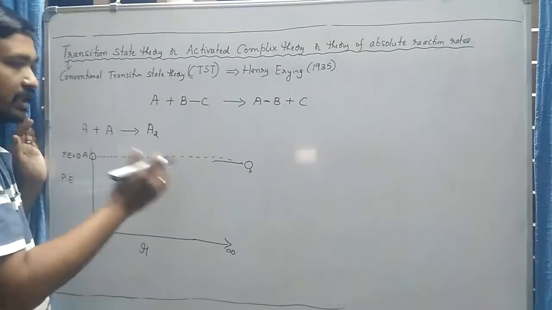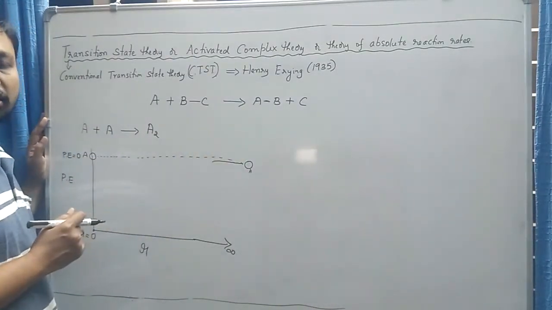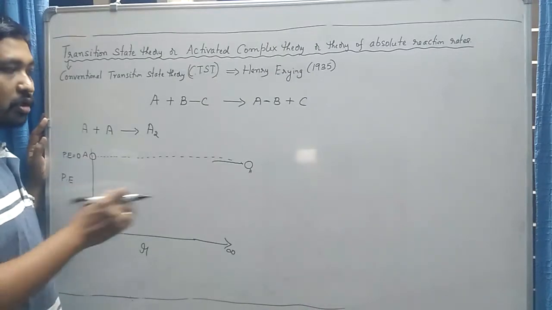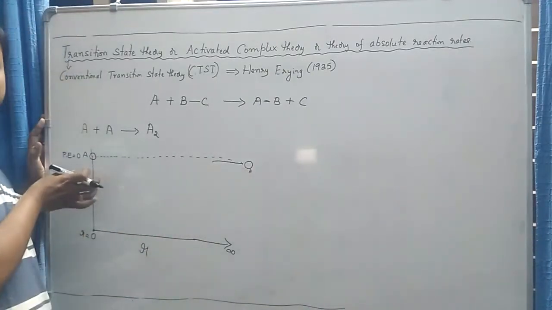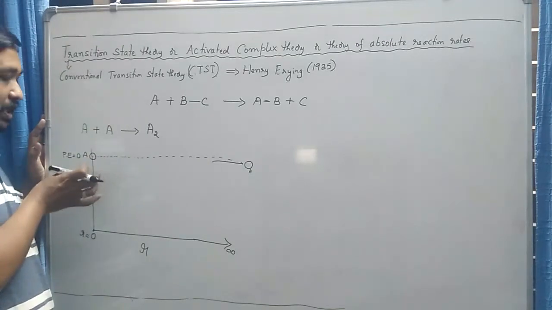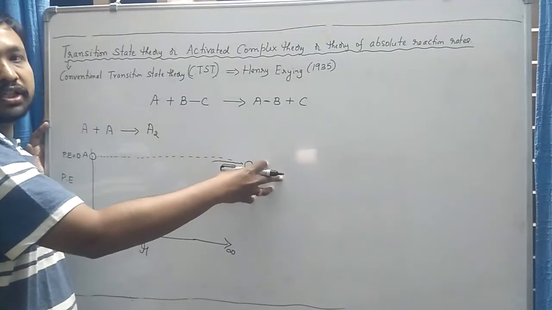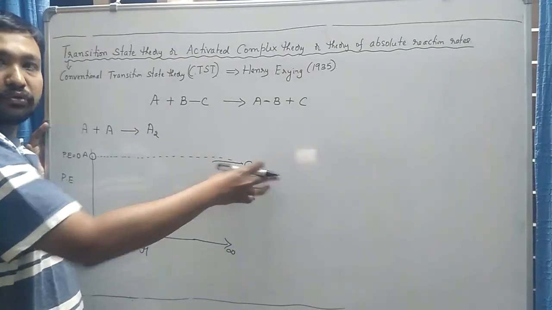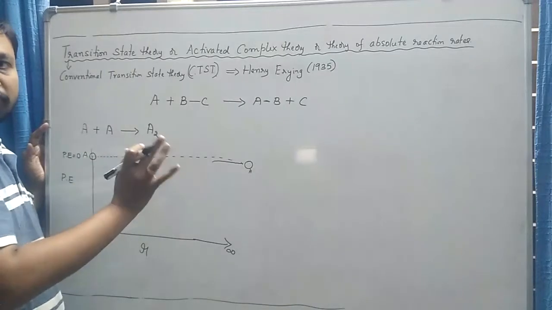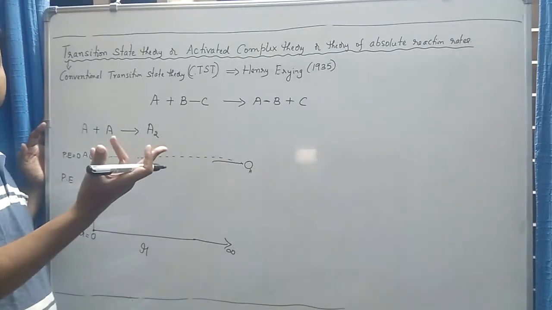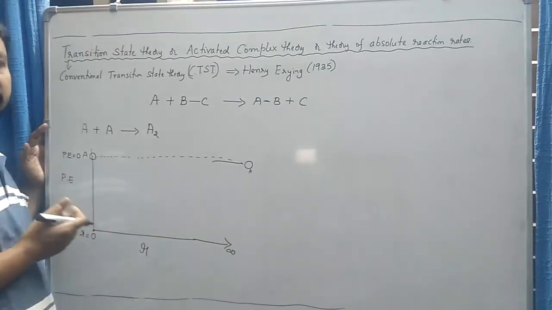So there is an interaction between the two atoms, and that interaction is attractive in nature, because the electron cloud of one atom is attracted by the nucleus of the other atom. Similarly, the electron cloud of this atom A is attracted by the nucleus of the other atom. Of course, along with that there will be electron repulsion, but the overall effect is that the attractive force will be greater than the repulsive force.